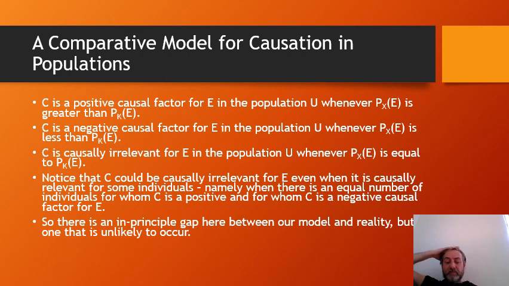So there is an in-principle gap here between our model and reality, in that we're claiming there is a causal fact if for any individual it is a causal factor, right? We're saying if there's even one person, then we use that to define being a causal effect in a population.